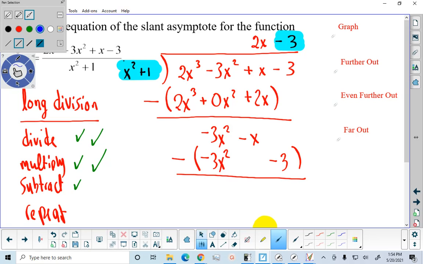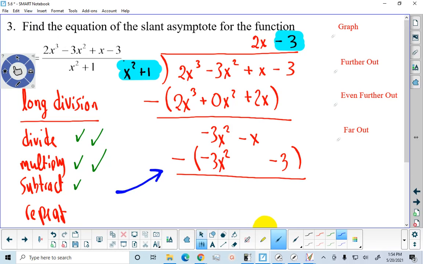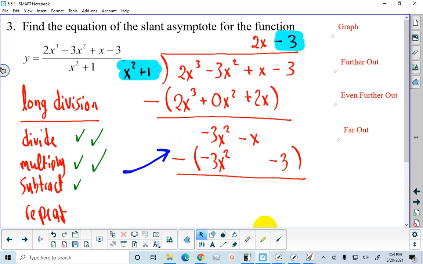So do the same kind of thing just so you can follow it along. Negative 3x squared minus negative 3x squared is nothing. I have negative x minus, if you like, you can put 0x here, but you're going to get negative x.